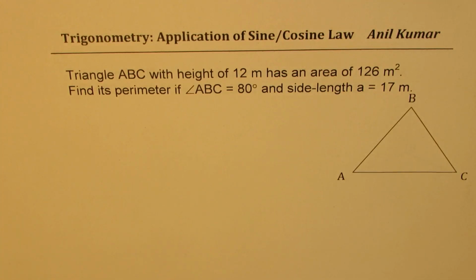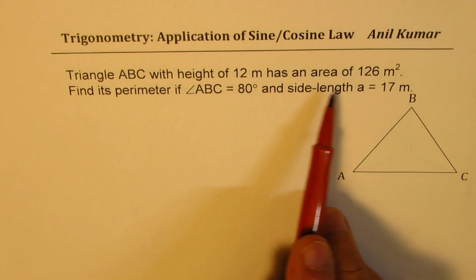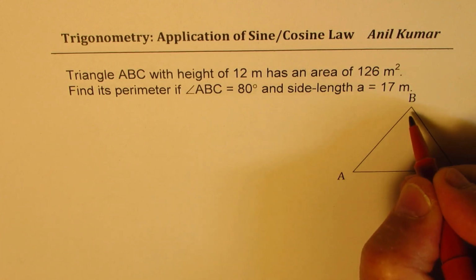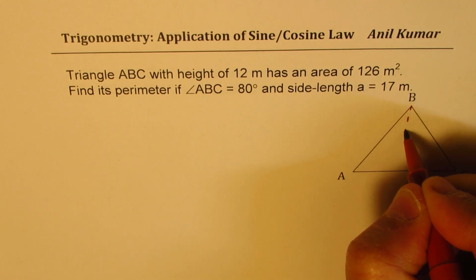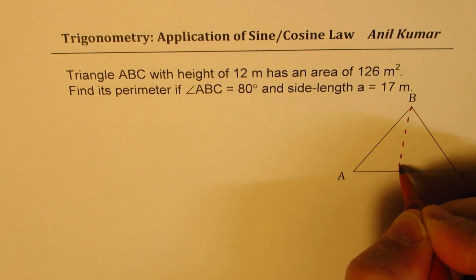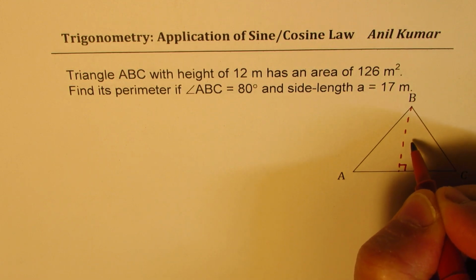The second question which I am going to discuss is in the form of a triangle given here. We have a triangle ABC with height of 12 meters and this has an area of 126 meters square. So let me just drop a perpendicular from here. So that becomes the height of 12 meters.